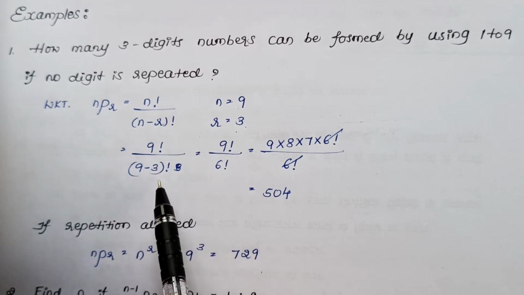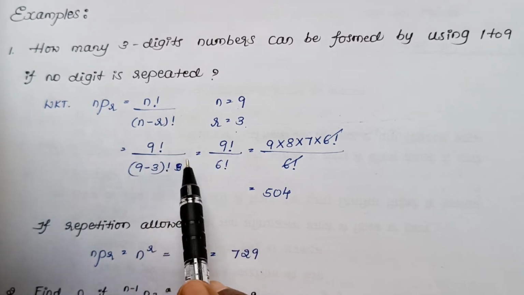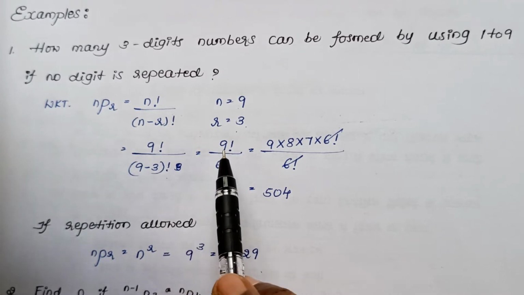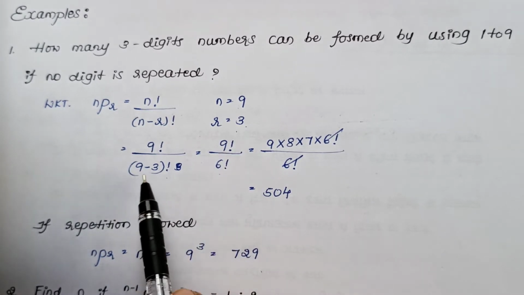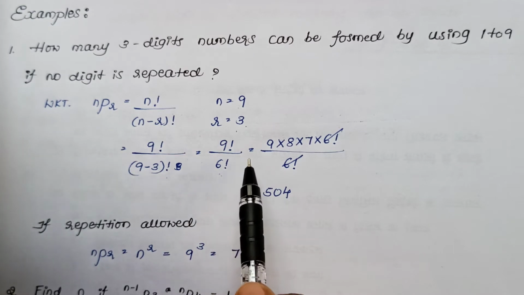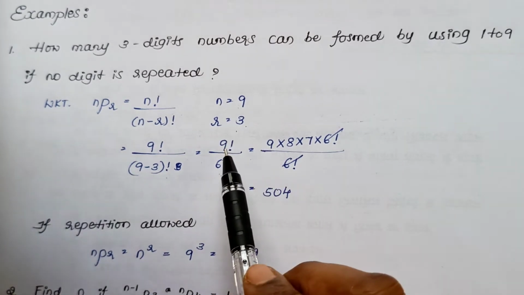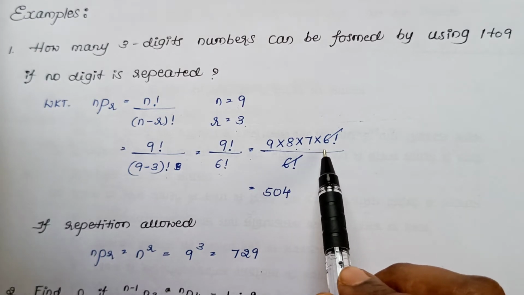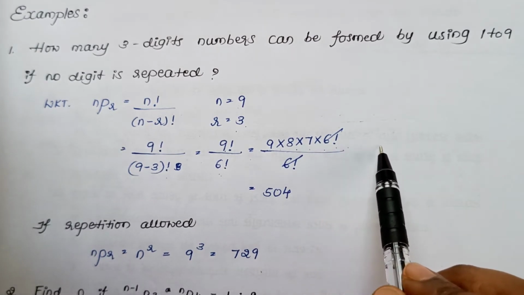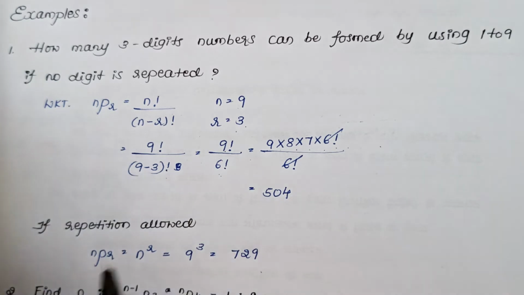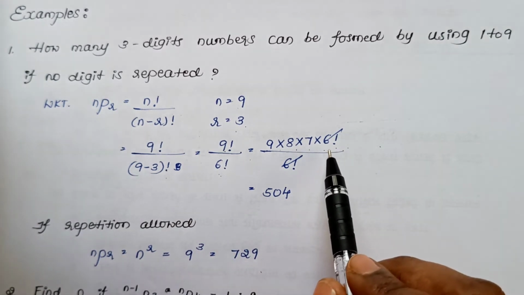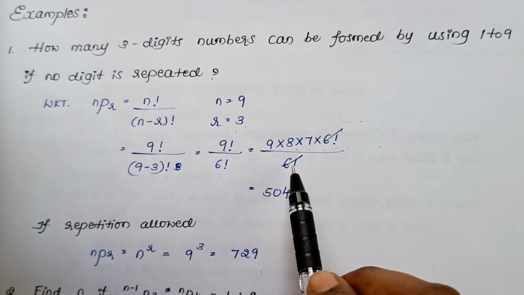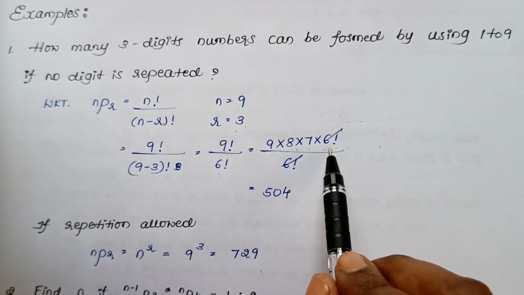Now apply the formula: 9 factorial by (9 minus 3) factorial, which is 9 factorial by 6 factorial. 9 factorial means 9 into 8 into 7 into 6 into 5 into 4 into 3 into 2 into 1. But I have written 6 factorial in short because I can cancel the 6 factorial with this 6 factorial.